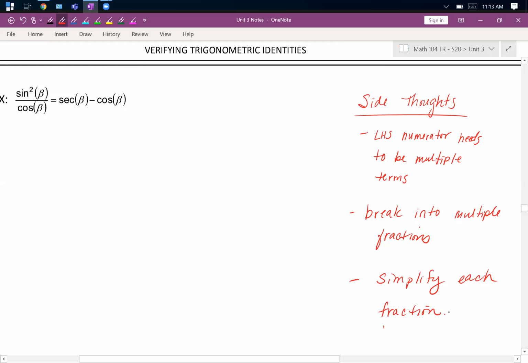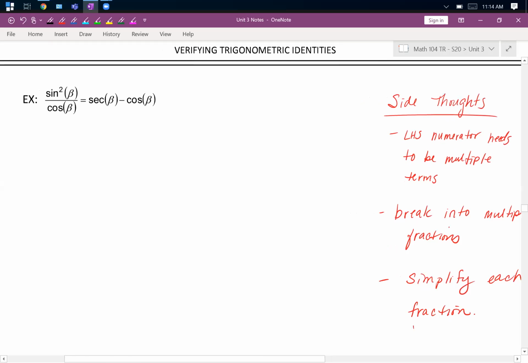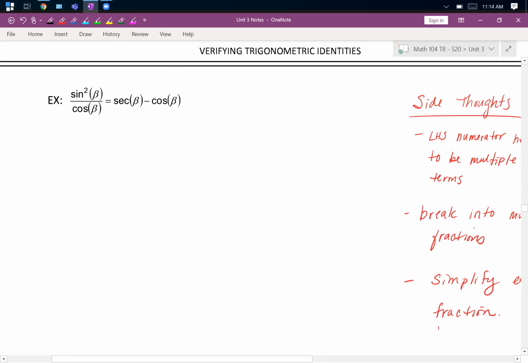And I really encourage you to try to think about a plan before you just start bulling into these. I think that's where people run into trouble, and then they don't have a clear plan, so they just start doing things and make it worse than what they started with. Well, now we got to figure out, how do we turn that sine squared into multiple terms? Any ideas on what substitution we can put in for sine squared that involves multiple terms?